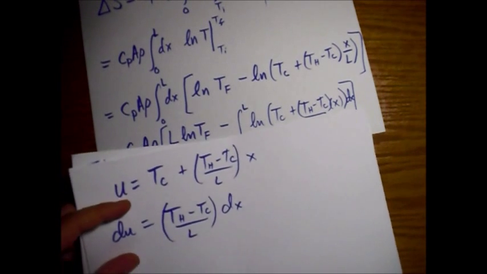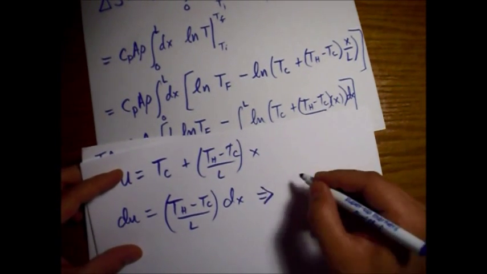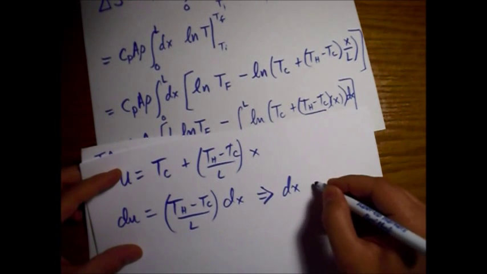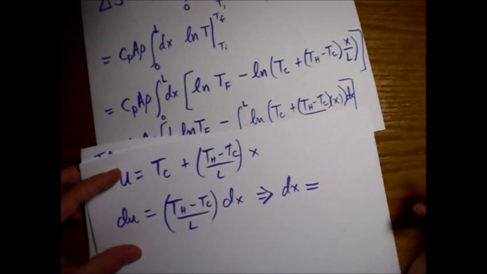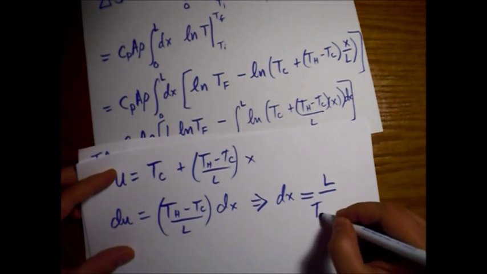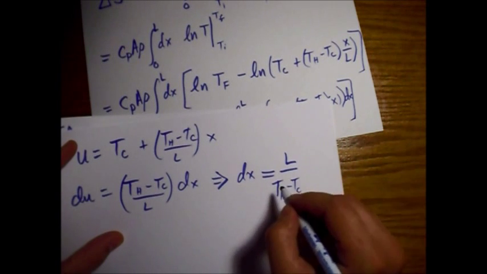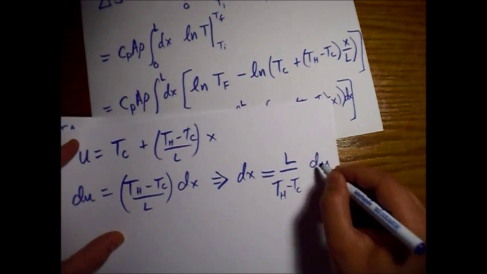Alright, so when we swap our dx for this, it's L divided by (Th minus Tc) du.